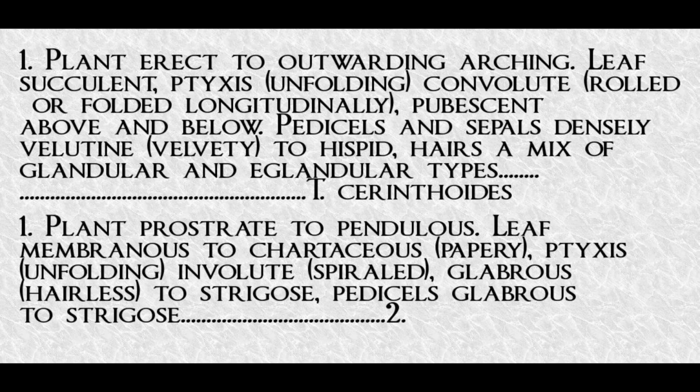Second group is mostly hairless, with one exception. There's some little cilia often on the margins, but we'll get into that. So the first group, they're hairy above and below. The second group, they're mostly not hairy above and below, and you should be able to see that. So we'll get into that in a minute.